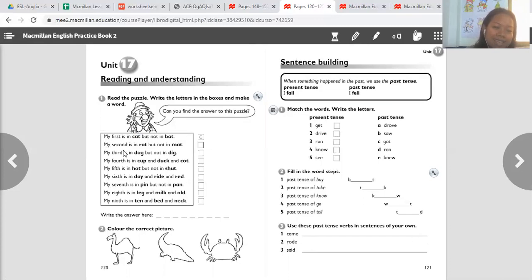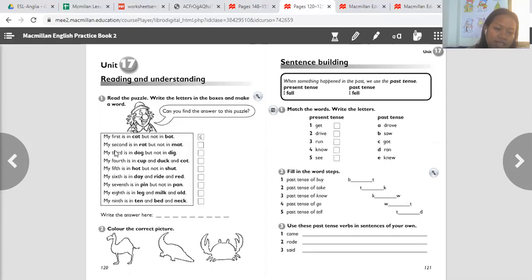Next, my second in rat, but not in mat. So what's the second letter? What is the second alphabet in the word rat? We have A, because R is the first one, A is the second one.